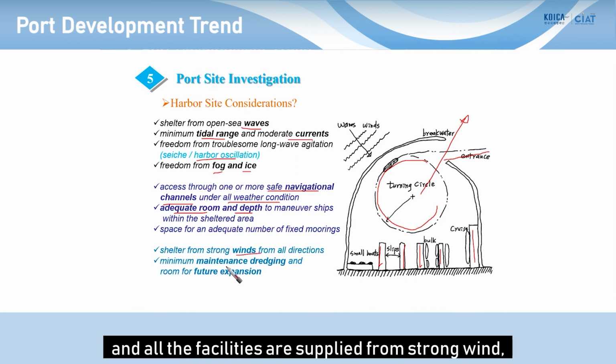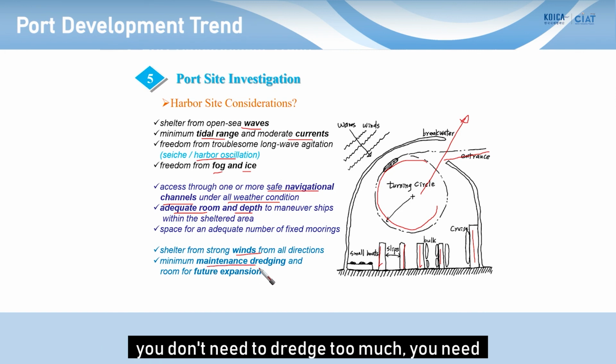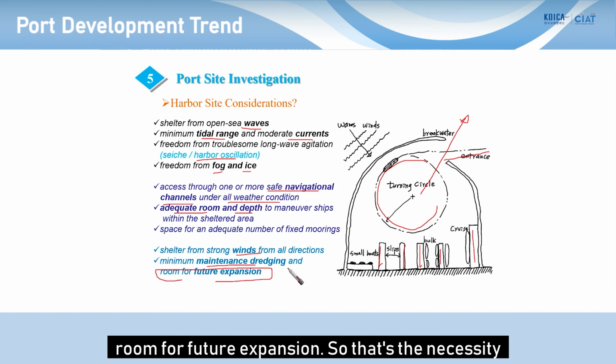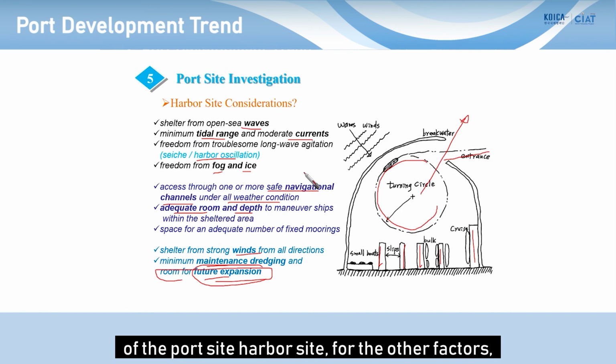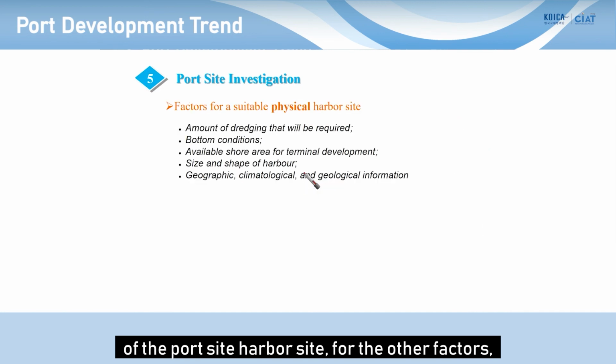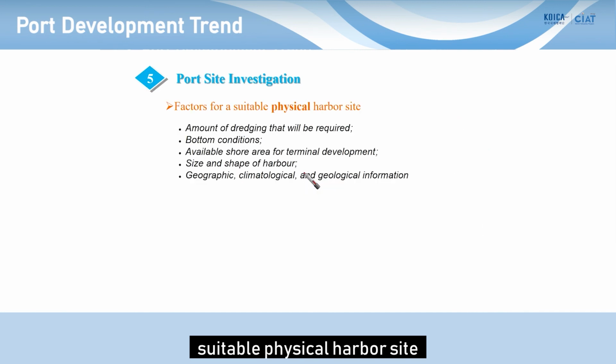Strong wind, so you don't need to dredge too much. You need land or coastal area for future expansion. So that's the necessity of the port site, harbor site. What are other factors for physical port harbor site?